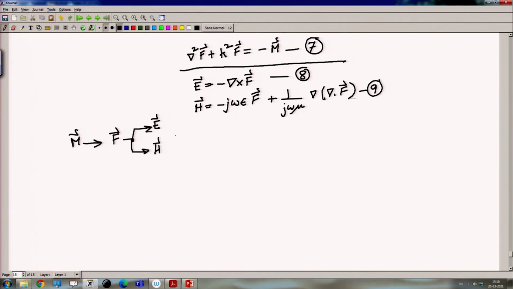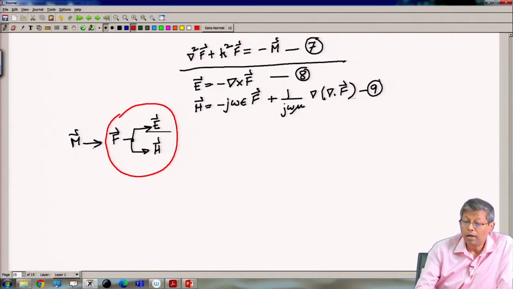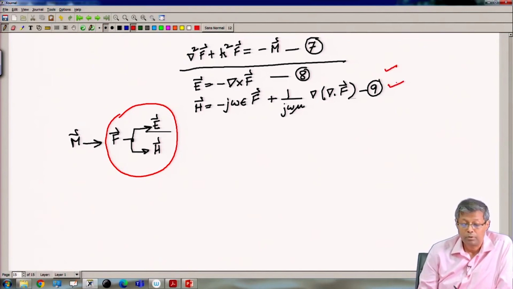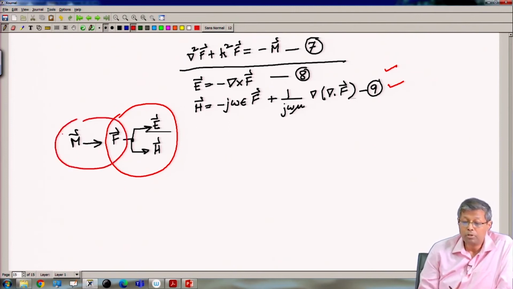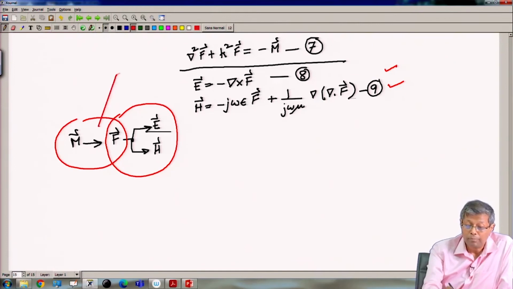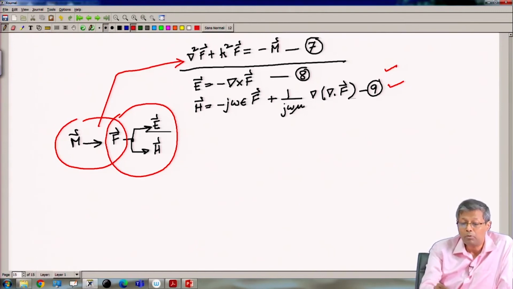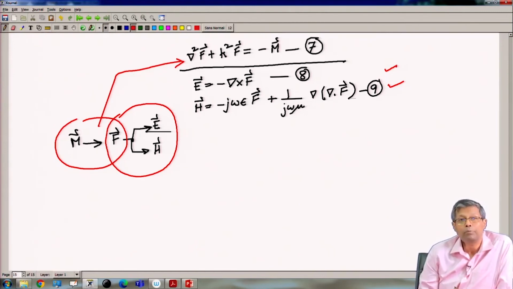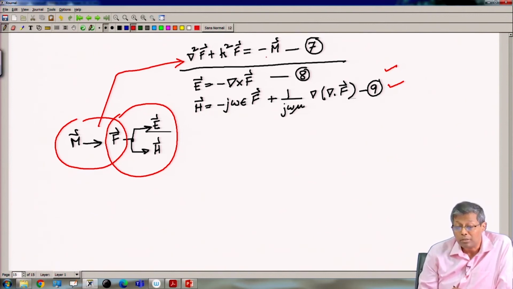Like the case of the electric current source, this is a one shot process via equations number 8 and 9, while the computation of F through M will come by the Helmholtz equations that will be surrounded by the boundary conditions of the problem.